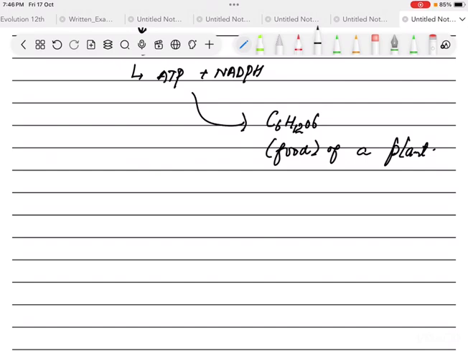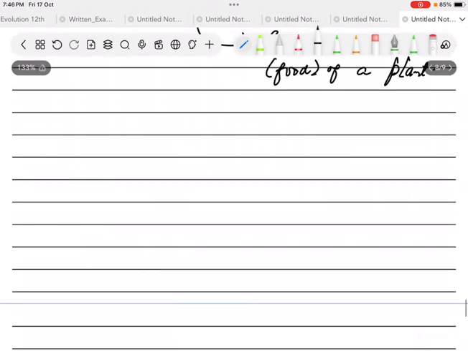Fine. Now we are in a position where we can define the process of photosynthesis in a more advanced form.